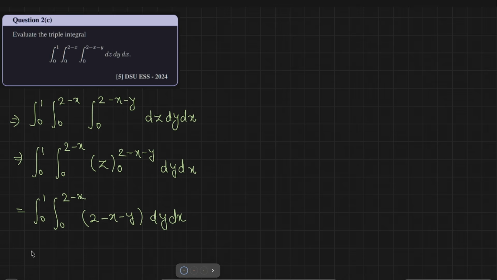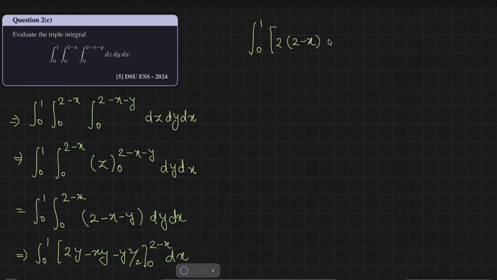Now you integrate with respect to y. It will be 0 to 1 of 2y minus xy minus y square by 2, from 0 to 2 minus x, and then dx from 0 to 1. Once you put the limit, it will be 2 minus x times 2 minus x, minus 2 minus x whole square upon 2, dx.